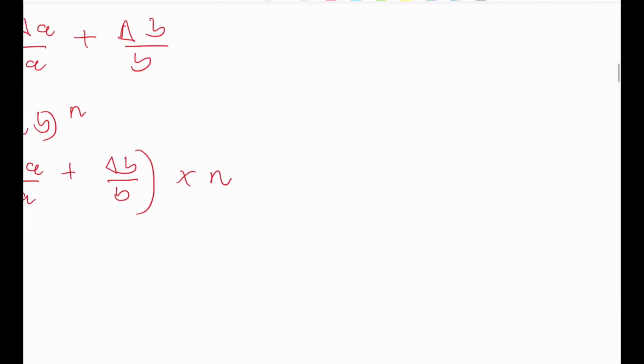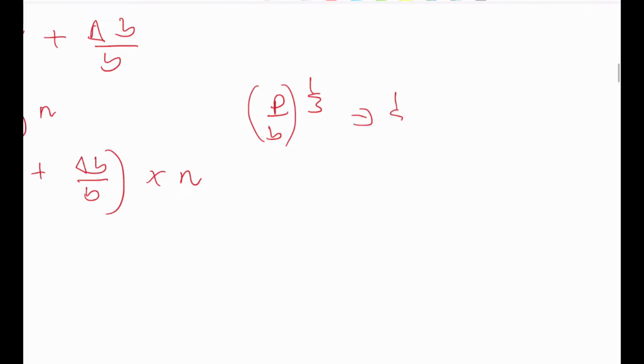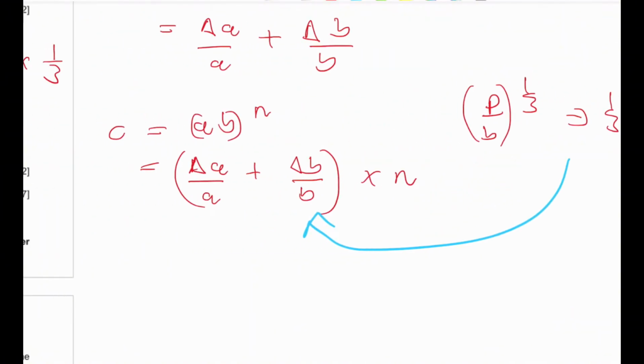So if you have p over b to the power of 1 over 3, this is 1 over 3 times delta p over p plus delta b over b. This branches off from the fact that if you raise something to a power, you multiply your fractional uncertainties by that value.